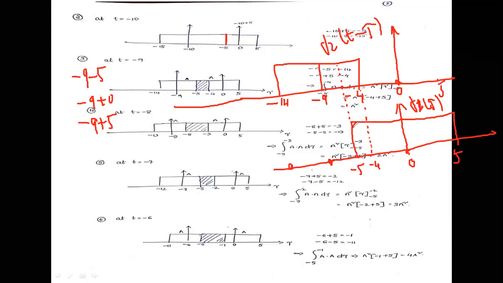So the overlapping occurs only between minus 5 and minus 4. In this, you multiply the values A into A only, because the magnitude is A here and also A here. A into A is A square.